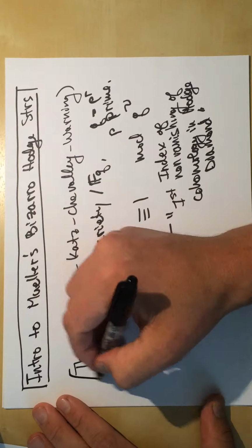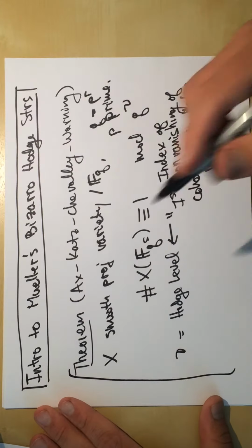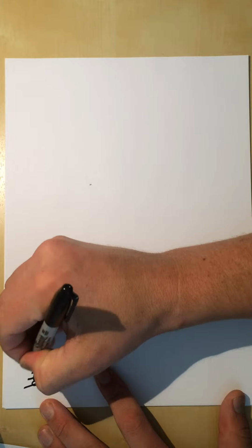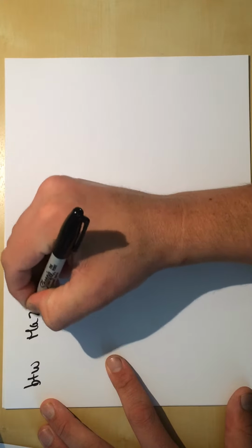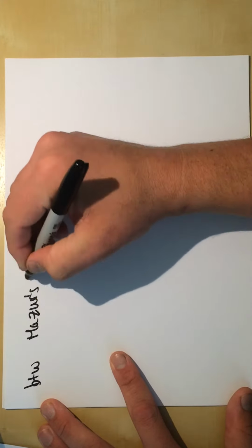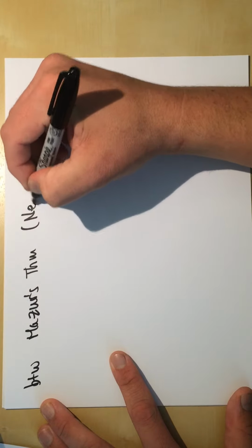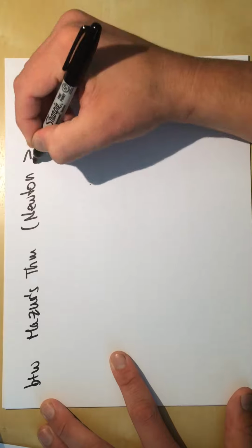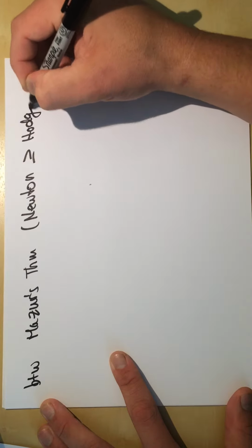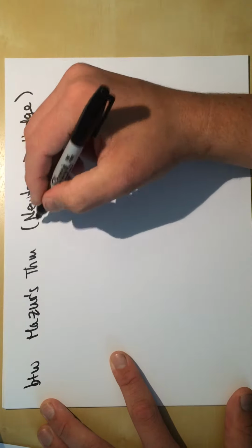So there's this theorem, and it is actually implied by another theorem, Mazur's theorem, the Newton above Hodge theorem. There's a Newton polygon and a Hodge polygon.